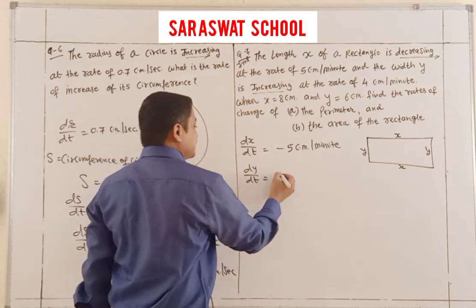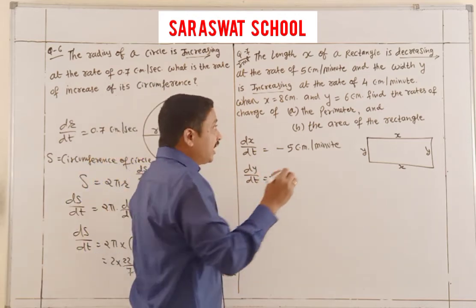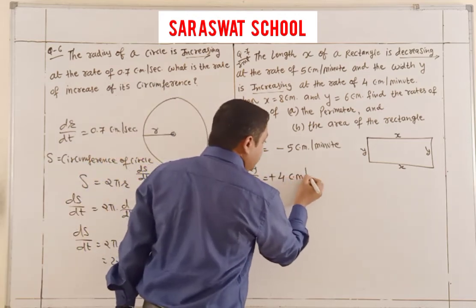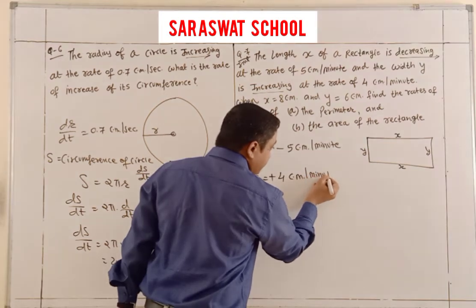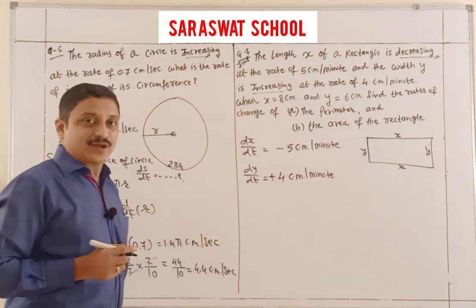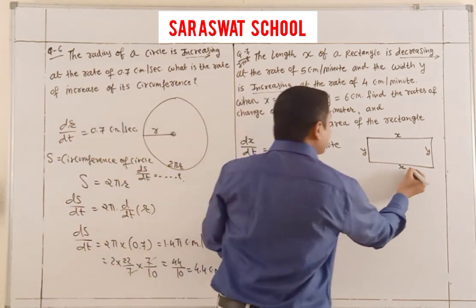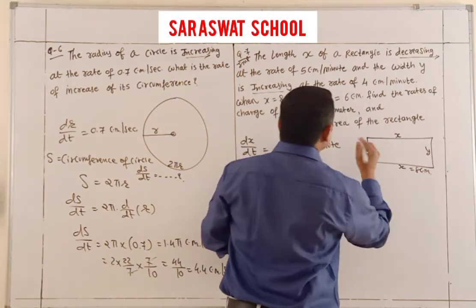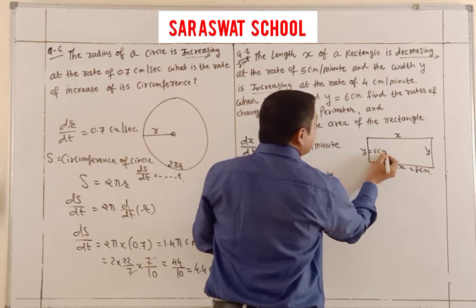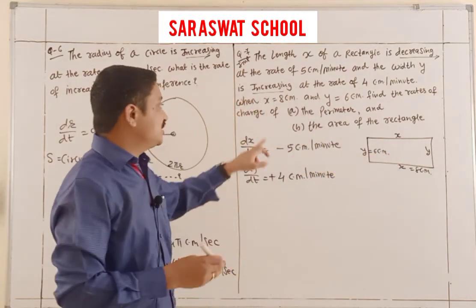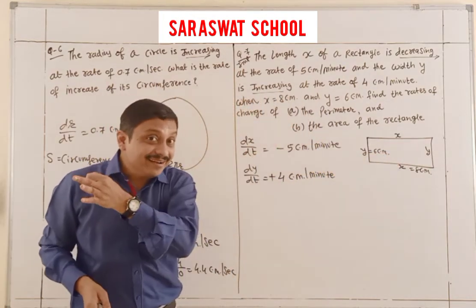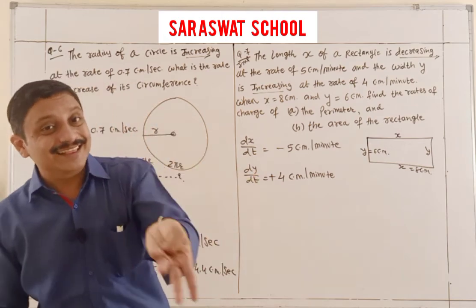So I just take positive 4, centimeter per minute same. Now reading: if x is given 8 cm and breadth is given 6 cm, then how far does the perimeter change? And what is the change in the area of the rectangle?